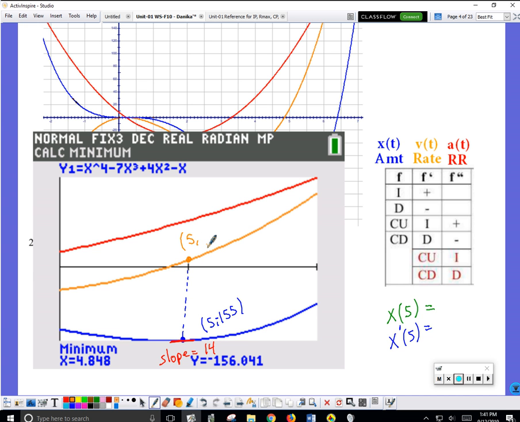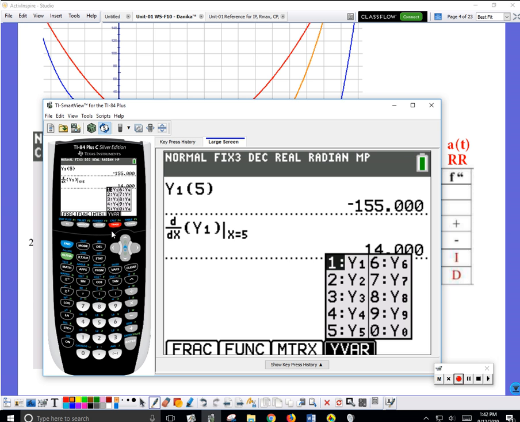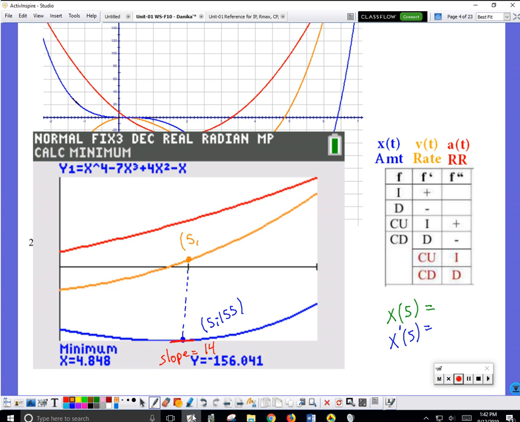I can find the velocity again on my calculator by doing velocity, that's formula 2, at 5. 14. Does that make sense?